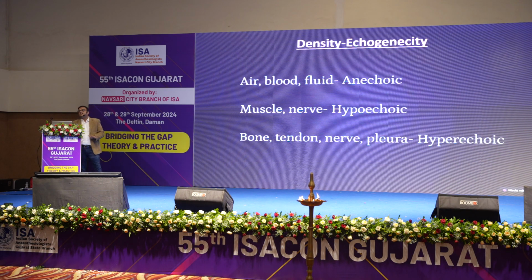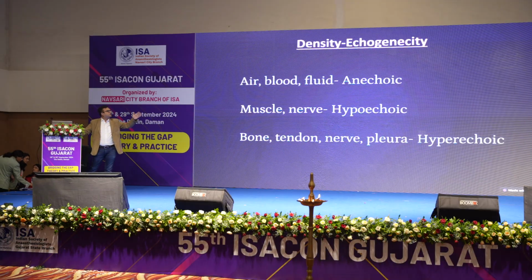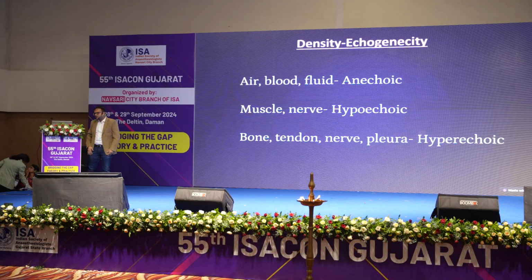If the water content is more, blood and fluid will look anechoic. If there is somewhat less water content, muscles and nerve, then it's going to be hypoechoic. But if the water content is very less or not there at all, then bone and tendon, it is called hyperechoic. So in that way, we will differentiate our structures.